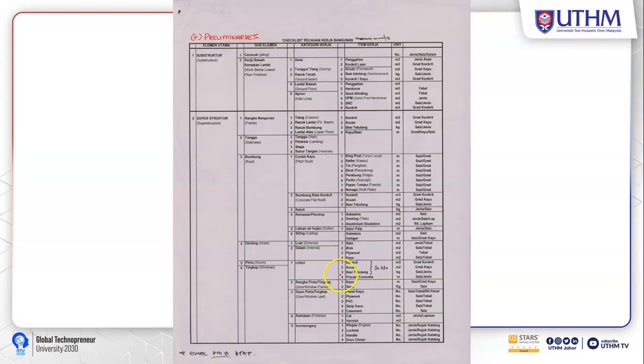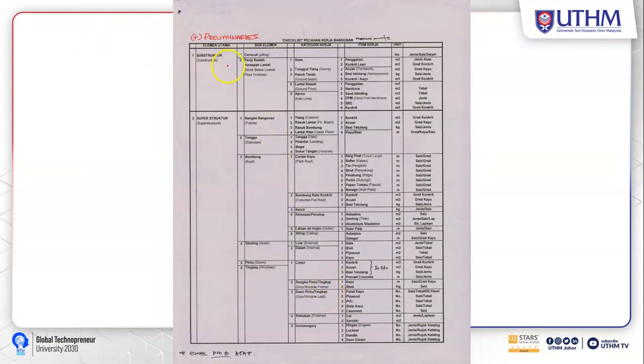This is the list of elements and items. These are the typical tables and also the guidance for you when you want to do the quantity measurement and the bill of quantity.